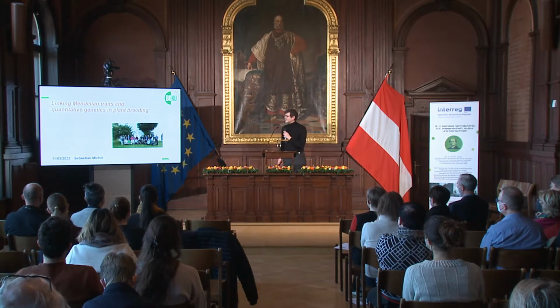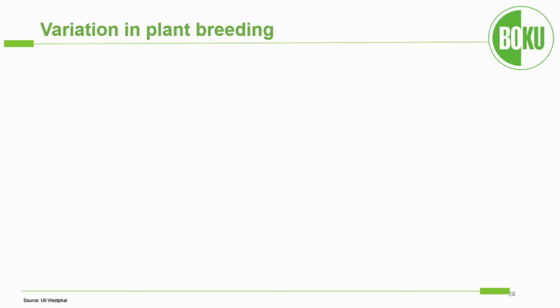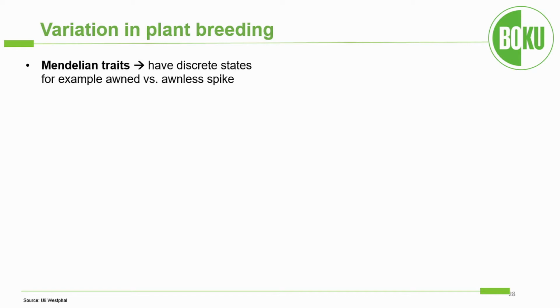So the very prerequisite for plant breeding to work is, of course, genetic variation. If we look at different traits, we see different patterns of variation. For example, Mendelian traits really show discrete states, like awned versus non-awned wheat heads here.